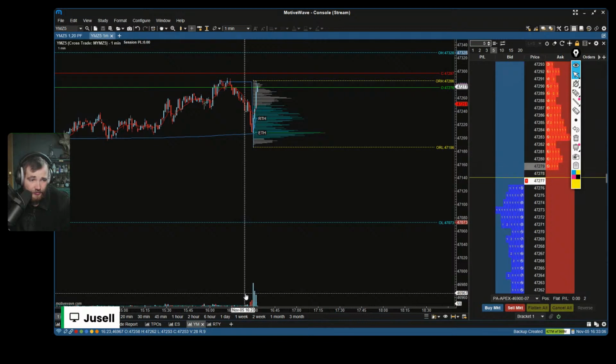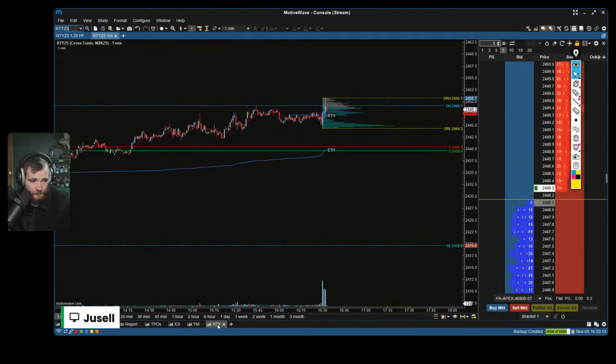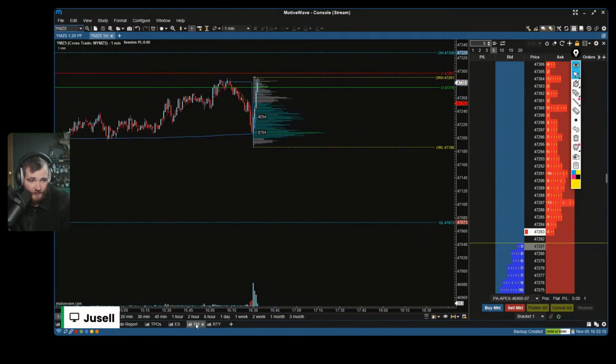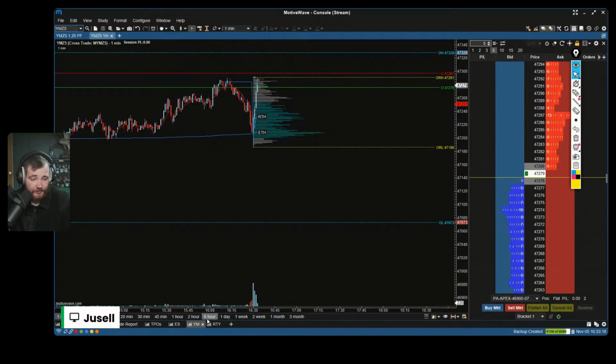YM is looking to take the close out of the ETH VWAP already, by the looks of it.